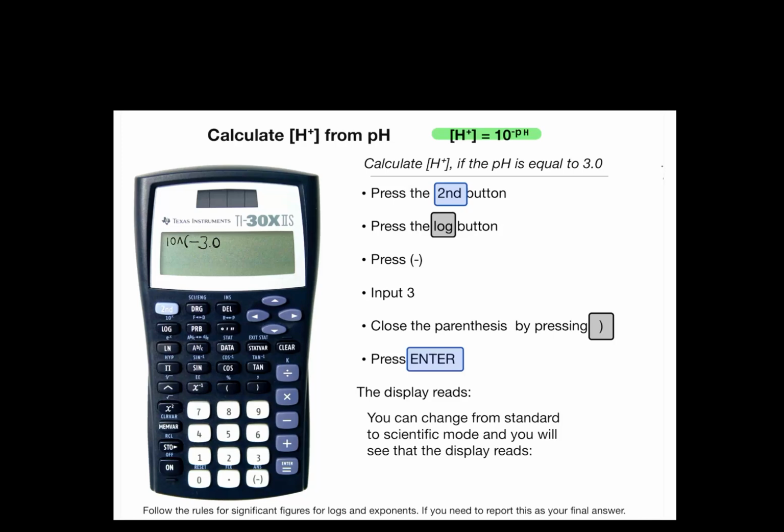Close the parentheses and press enter. The display reads 0.001. You can change into scientific mode if you'd like. The display reads 1 times 10 to the minus 3 in scientific mode.